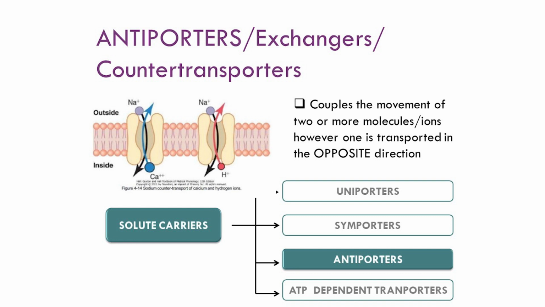Okay? Sodium is going in, and the calcium is going out. Like in the sodium-hydrogen exchanger, the sodium is going in, hydrogen is going out. So it's in the opposite direction.